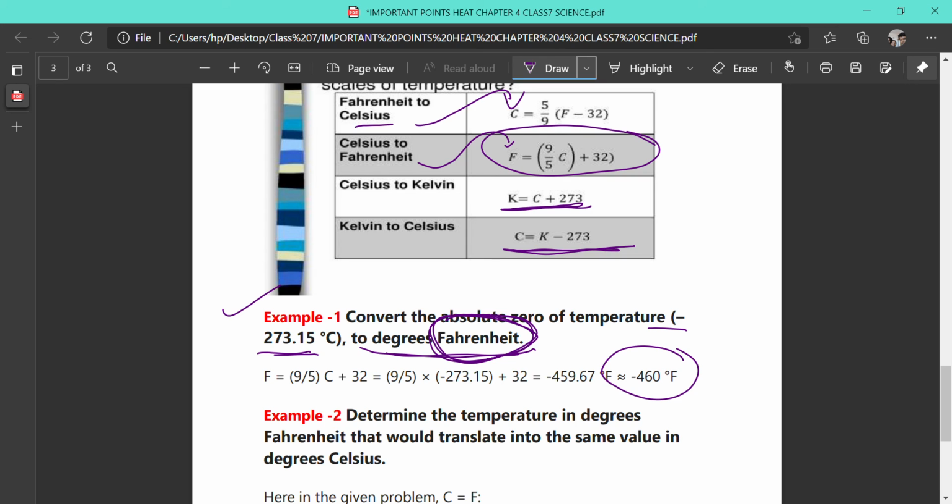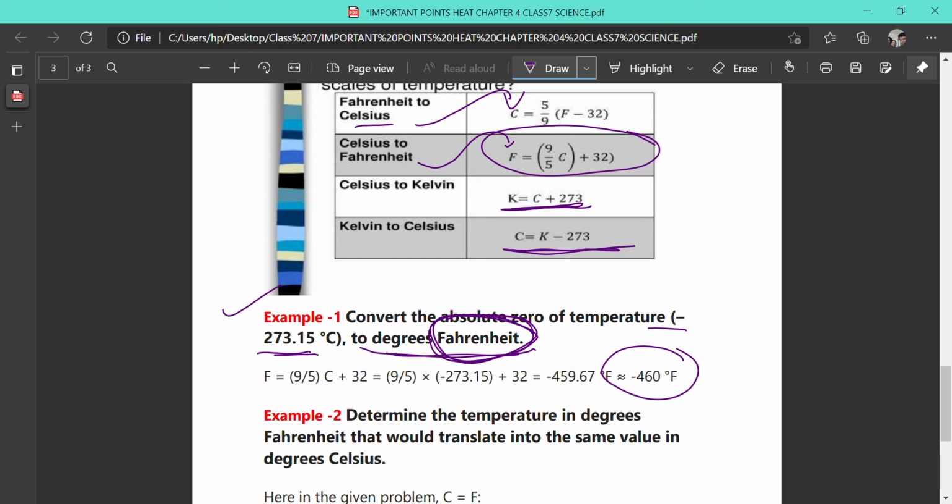Second problem: determine the temperature in degrees Fahrenheit that would translate into the same value in Celsius. Here it asks at what degree both the Celsius and the Fahrenheit scale will show the same reading.